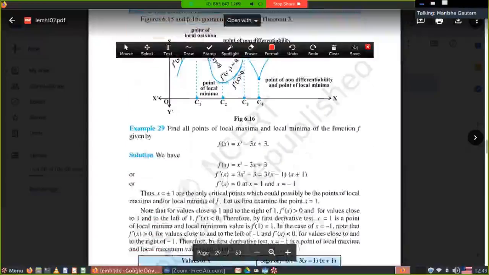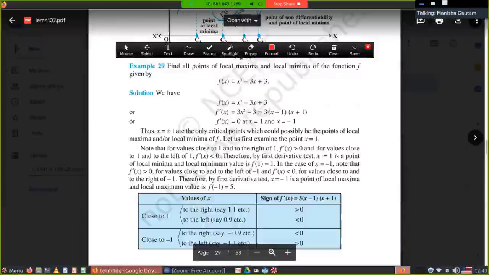Let's do the question using the first derivative method. Find all points of local maximum and local minima of the function f given by this. It means on the same graph you are getting maxima and minima both, so you have to create an interval near the critical points.